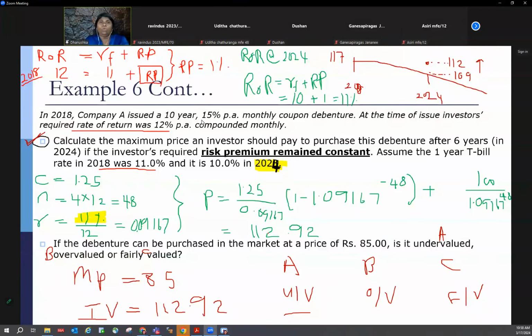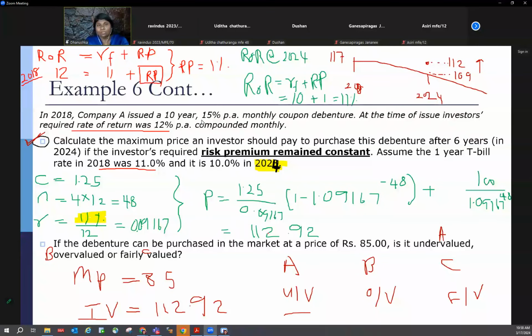If I pay more than 112.92, what will happen? I will not get an 11% return. If I pay more than 112.92 to buy this bond, the return that I get will be less than 11%.